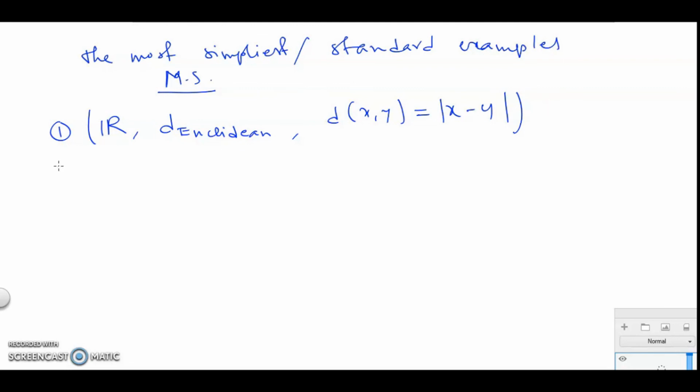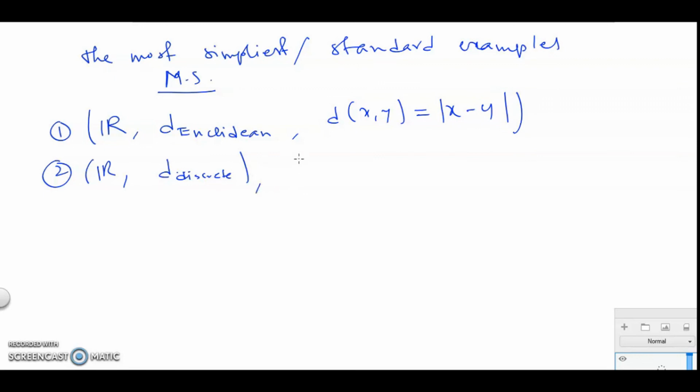And the second simplest metric space example is any space, or R with any space you can take here, with the discrete metric. Here I am taking R, but you can take any non-empty set.